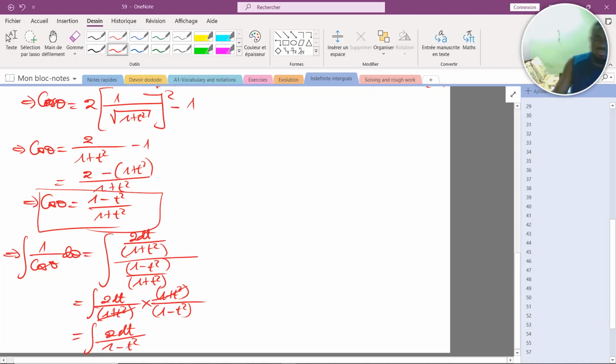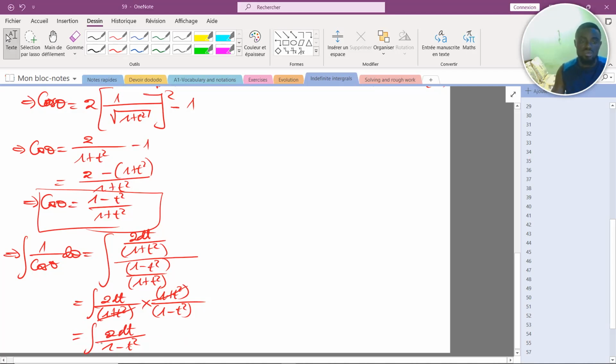But to integrate this, we cannot integrate it using substitution of sine. No, we cannot integrate it, because if this was plus, we could have recognized it as the integral of 1 all over 1 plus t squared, which is arc tan t.